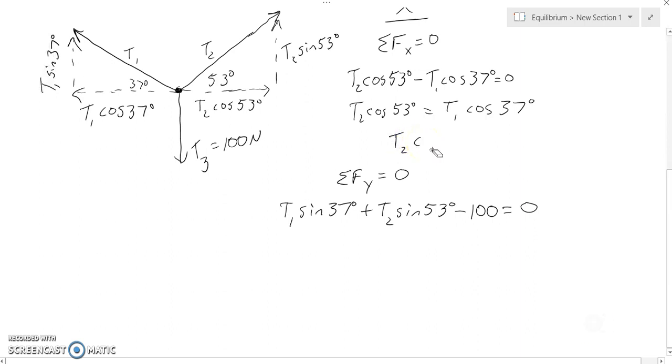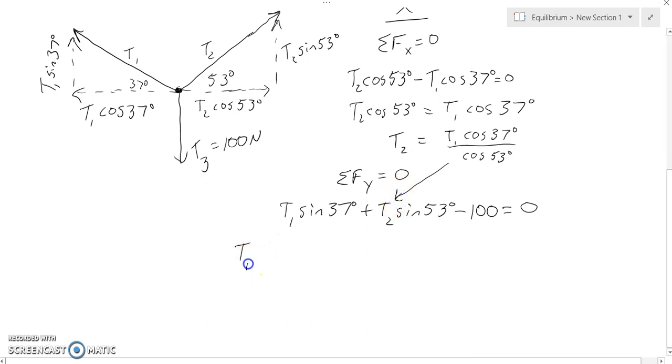So t2 will equal t1 cosine 37 degrees divided by cosine 53 degrees. Okay, so I just divide both sides by cosine of 53 degrees. I know that's an expression for t2. I can plug that in for t2 down in my other equation.